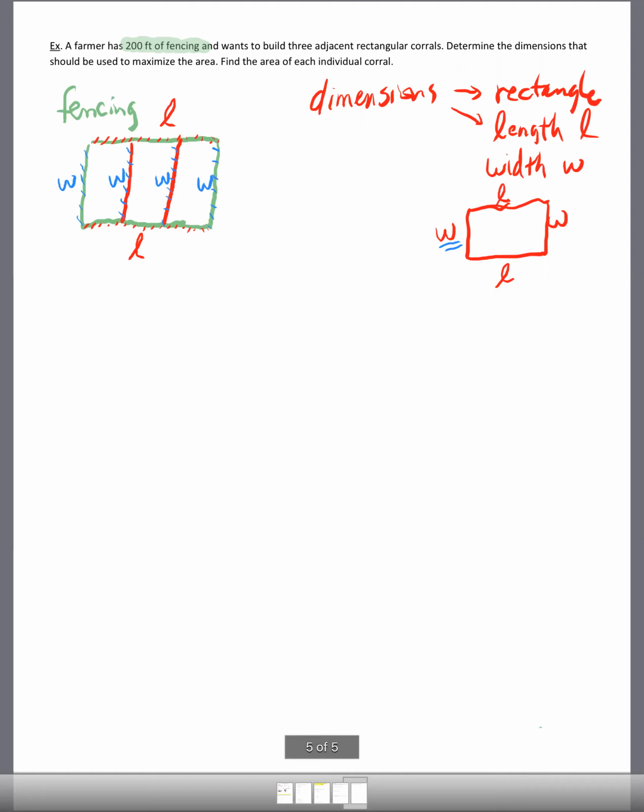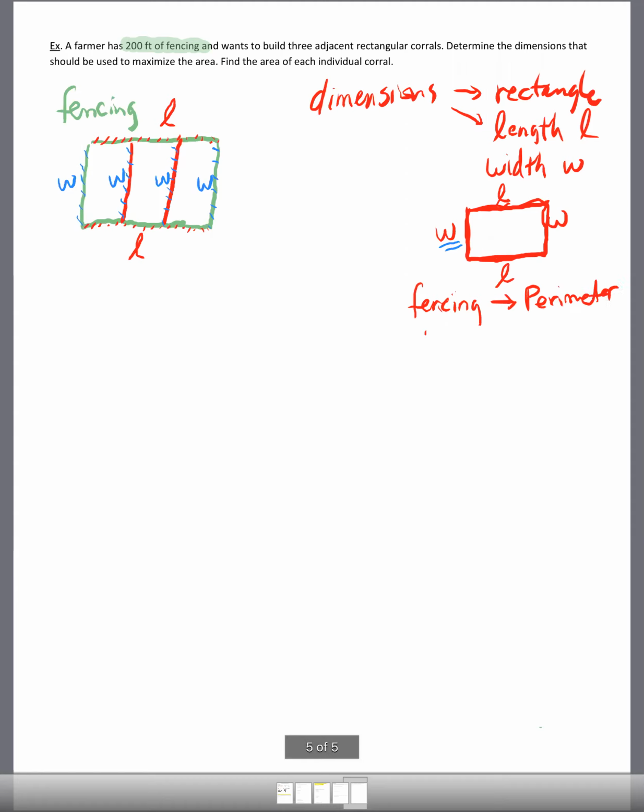Let's go back to our training from basic geometry. When you put up a fence, you are running along the outside edges of a rectangle. So what that tells me is that when someone talks about fencing, they're talking about mathematically perimeter.